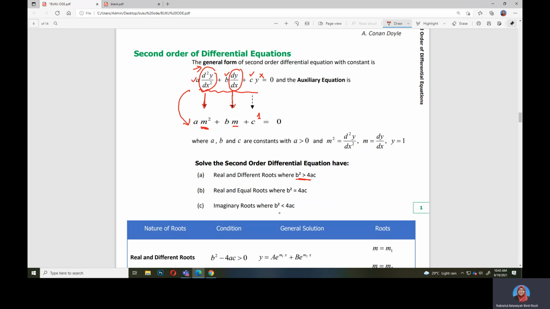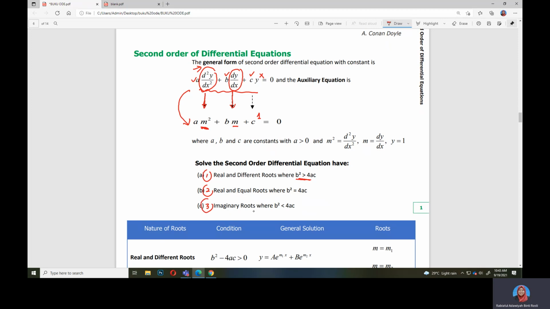We also apply b squared and 4ac, but for imaginary roots, b squared will be less than 4ac. So I repeat, the first type is real and different roots, the second type is real and equal roots, and the last type is imaginary roots.